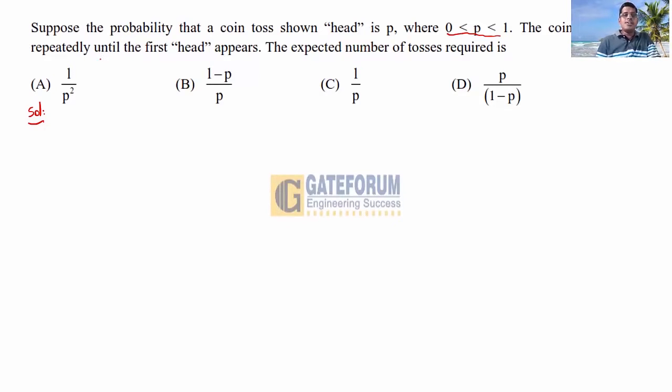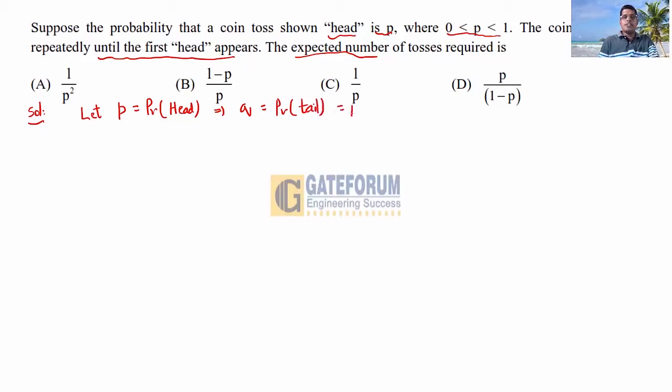So until the first head appears. So expected number of tosses is also called average number of tosses to get the first head, that is mean. So getting head is given P. So we are denoting, let small p be the probability of head, implies Q is equal to probability of tail.